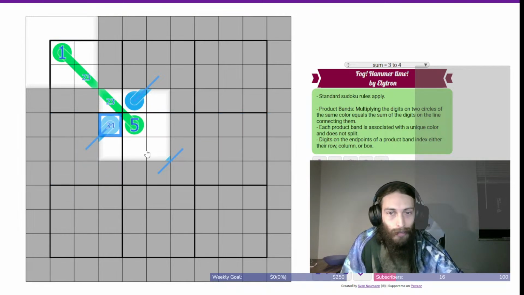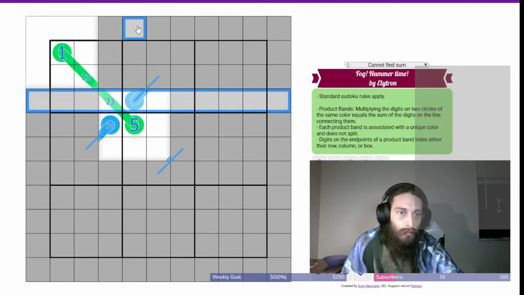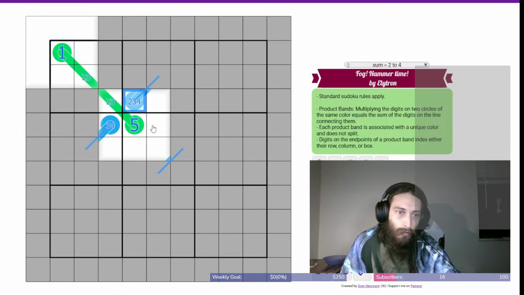What were you going to say? I was going to say it's minimum 16. And then this is row 3, column 4, and box 2.